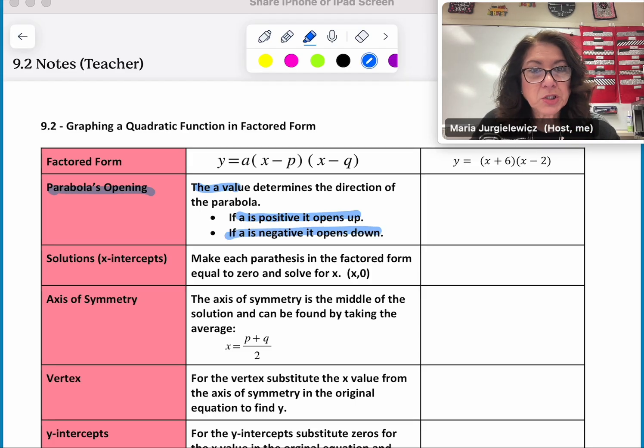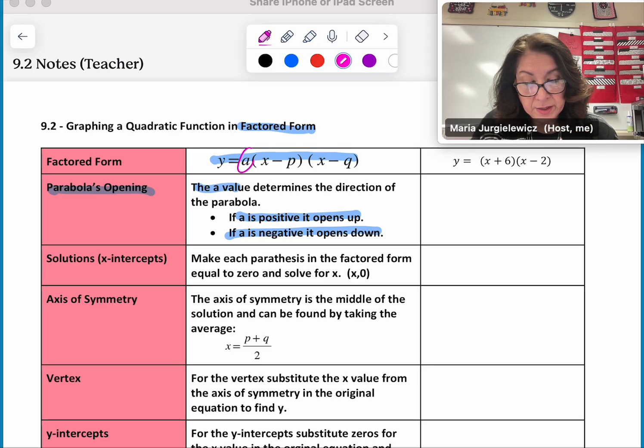Your equation now is going to be in factored form, meaning that it's going to have those parentheses. I want you to take a good look at that equation, the way it's supposed to be. It's going to be y equals a, and that a is always going to be outside of those parentheses, and then the two parentheses are what is already factored.